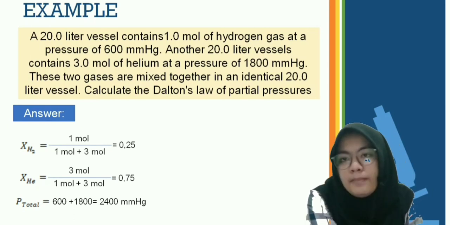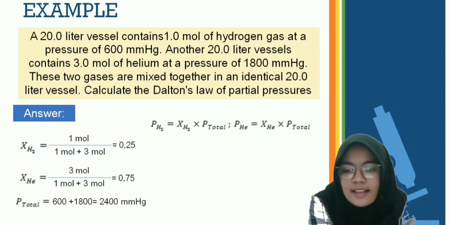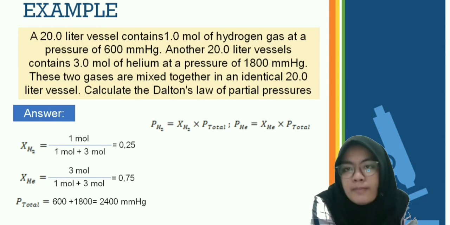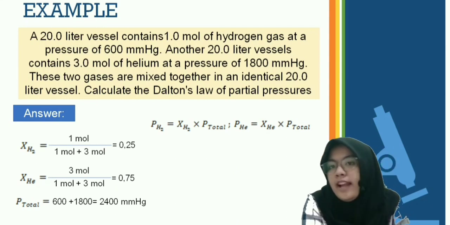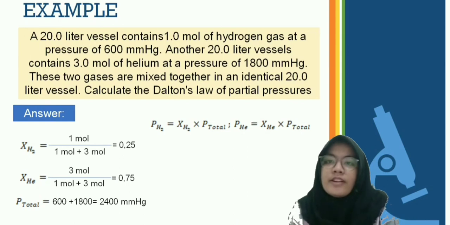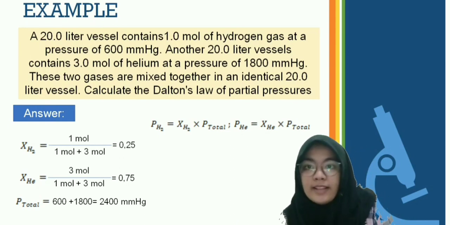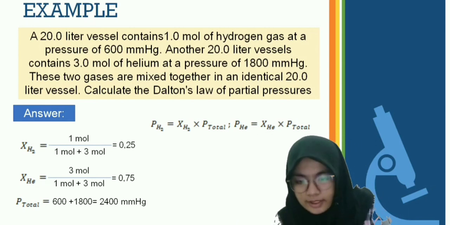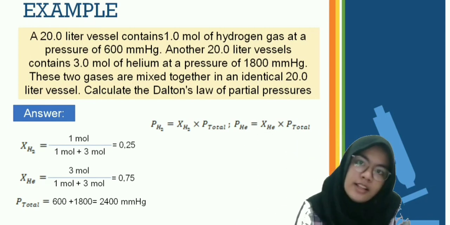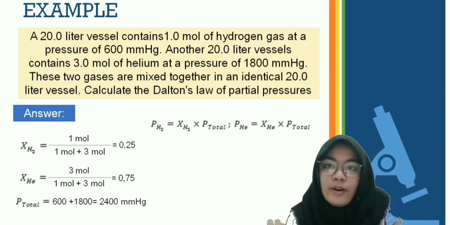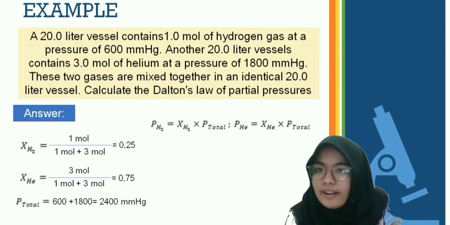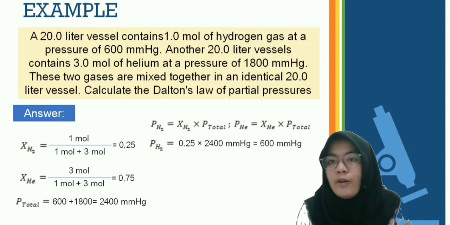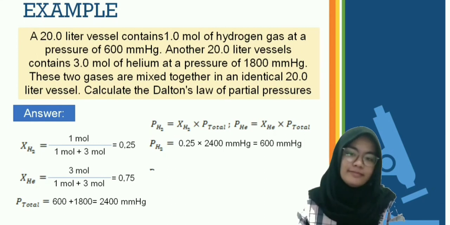The calculation of Dalton's law is the pressure of hydrogen gas is the mole fraction of hydrogen gas times the total pressure, and for the helium, the mole fraction of helium gas times the total pressure. And then you just put in the values that we have before, and there we have it. This is one of the applications of the mole fraction.